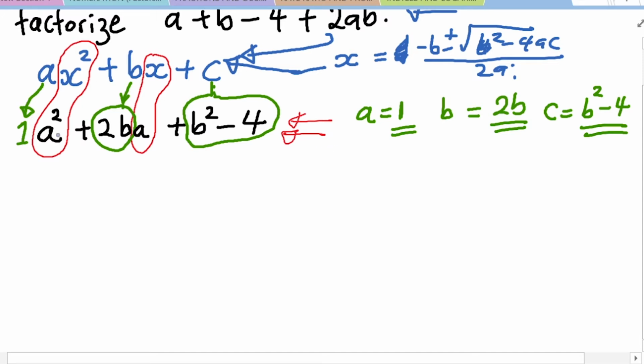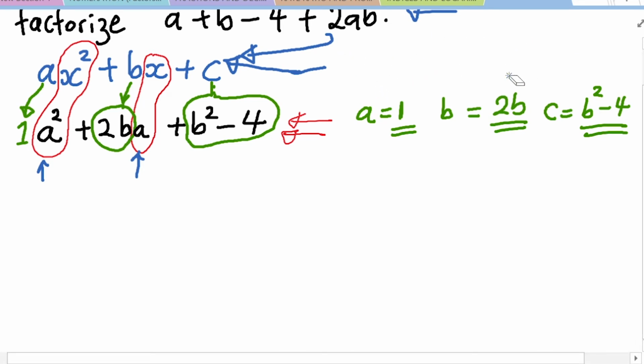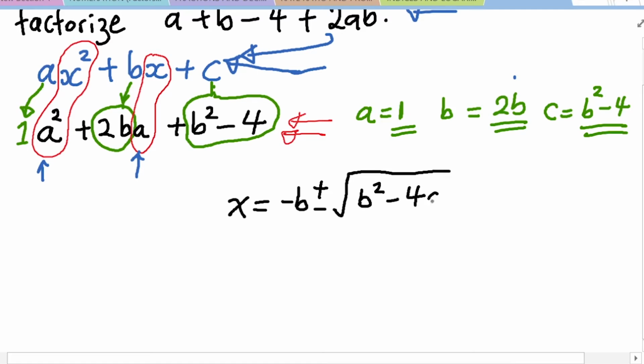Now, my value of x here instead is a. Let me first quote my general expression here. We know that for a quadratic function, when we want to solve it, x is equal to minus b plus or minus the square root of b squared minus 4ac, divided by 2a.